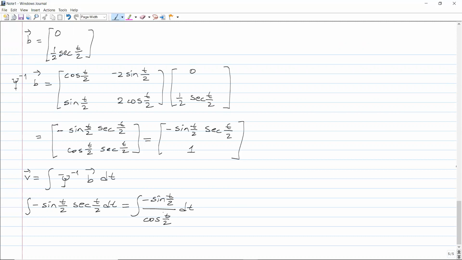Derivative of cosine is minus sine, but we also get the derivative of the inside, t over 2, which is 1/2. So the antiderivative is 2 times natural logarithm of absolute value of cosine.